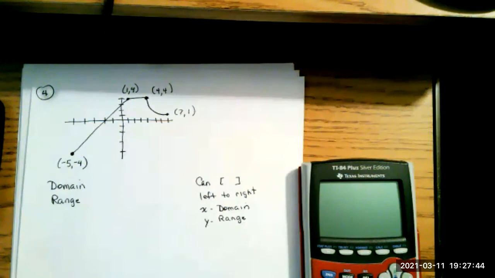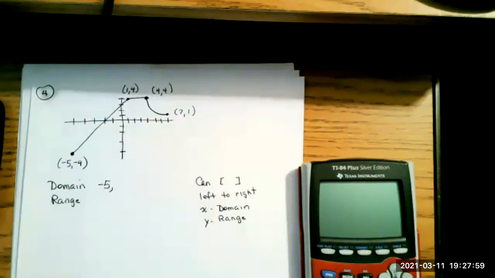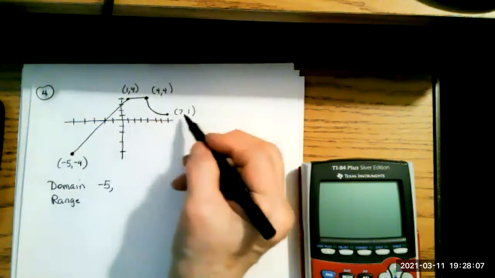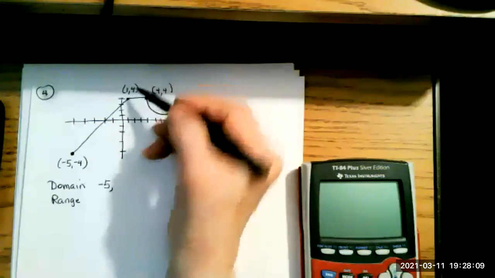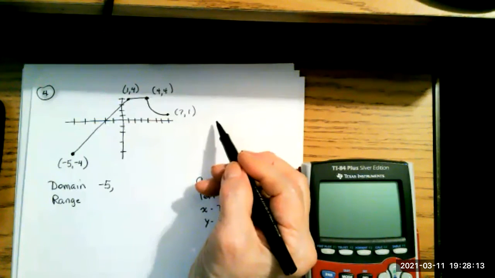So, Chandra, you want to try it? Yes. Okay, what's the lowest X? -5. What's the highest X? It would be 4. Is that 4? No, that's high up this way. High this way would be what? Oh, I'm sorry.